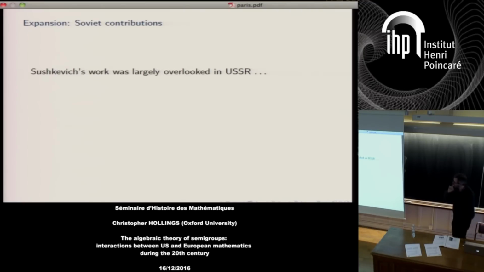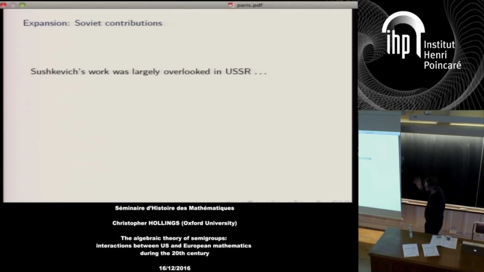Now, the problem with the Soviet contributions is that Szyszkewicz's work was largely overlooked. Strangely, he seems to have had more influence in the West than he did in the USSR. Well, I say strangely, it's perhaps not strange, because his major work in this direction was published in German journals, so maybe that's where that comes from.